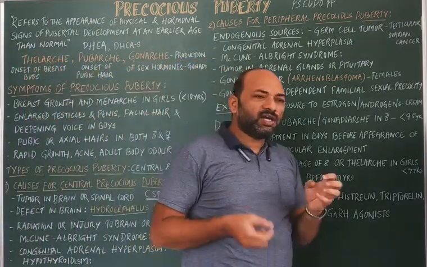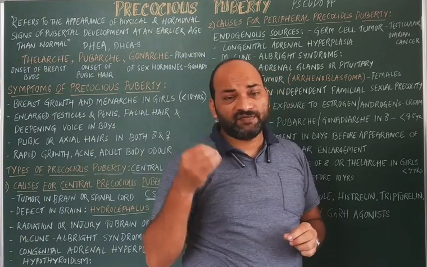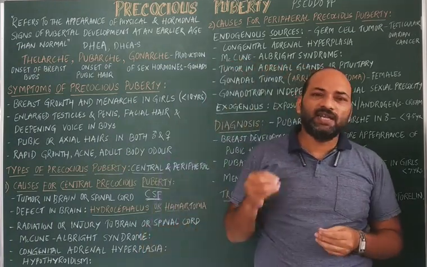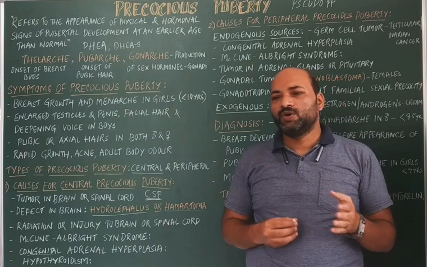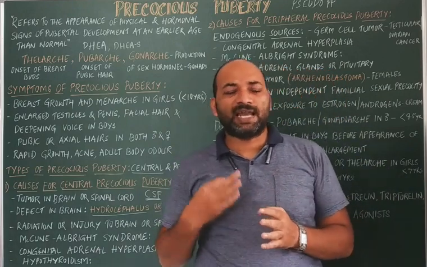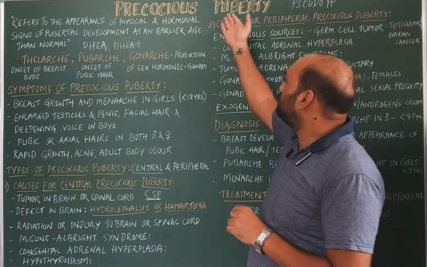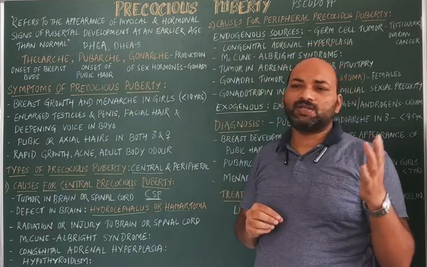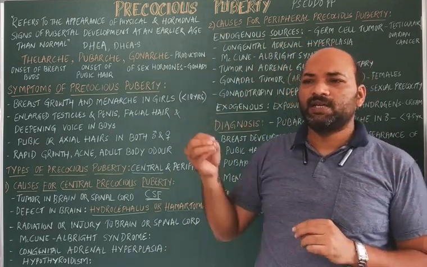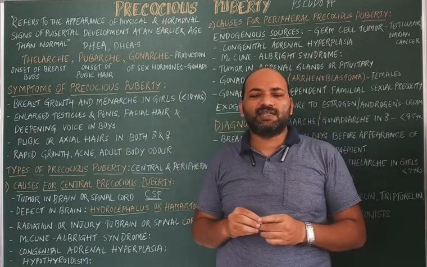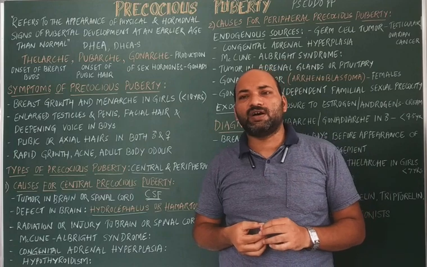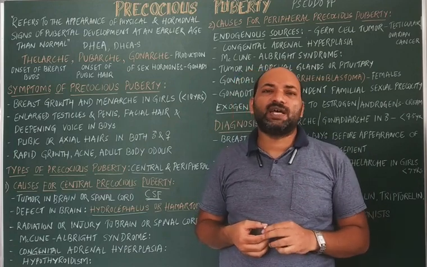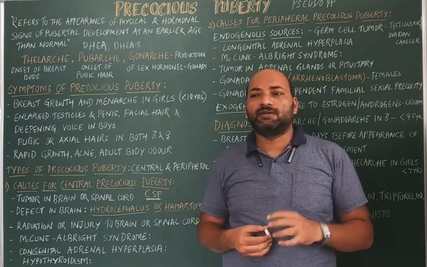Now, what are those factors which increase a child's risk of precocious puberty? Means, who can generally have precocious puberty? Generally, precocious puberty is rarely seen in the Asian continents, but it is commonly seen in African as well as American races.